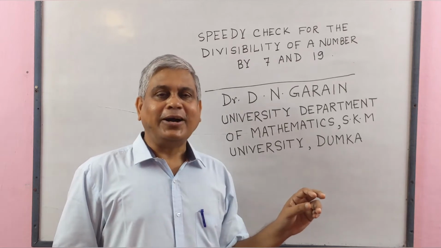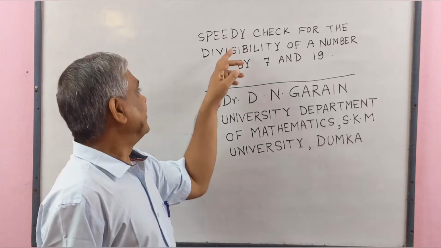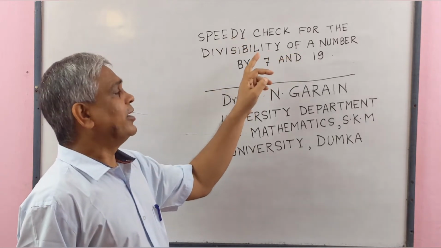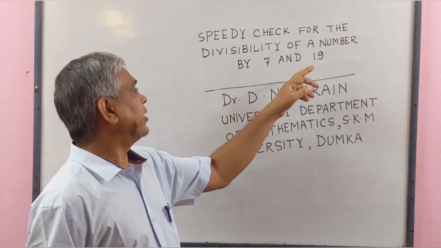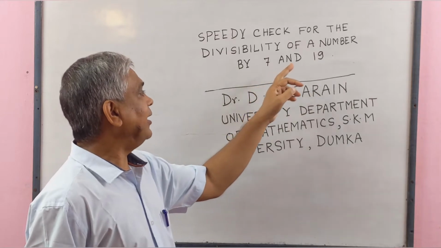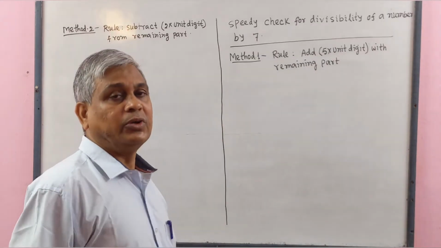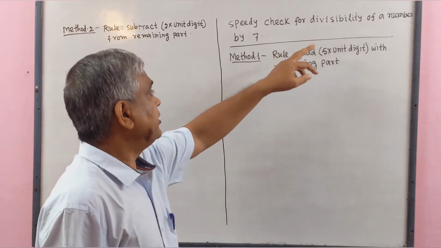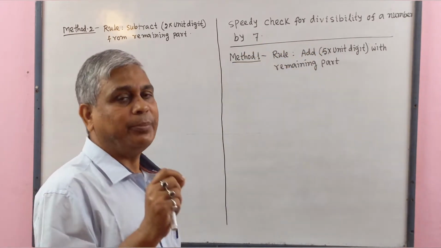Now, I will describe the method for a speedy check for the divisibility of a number by 7 and 19. First, the speedy check for divisibility by 7.